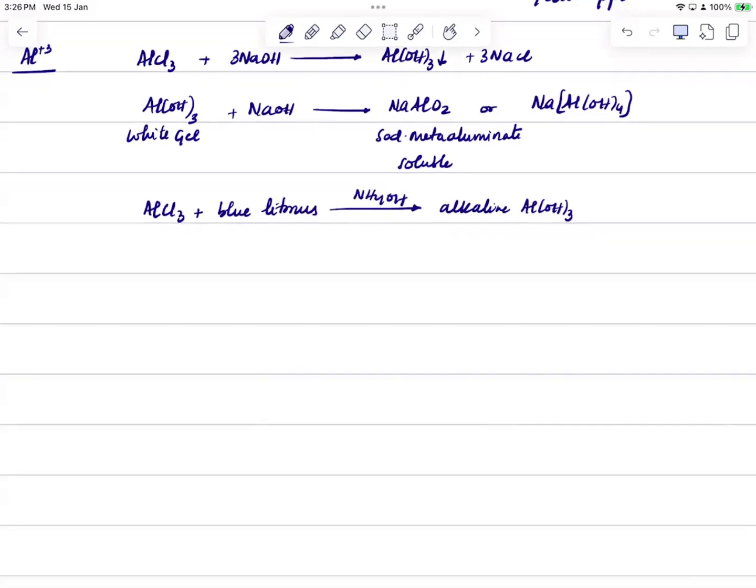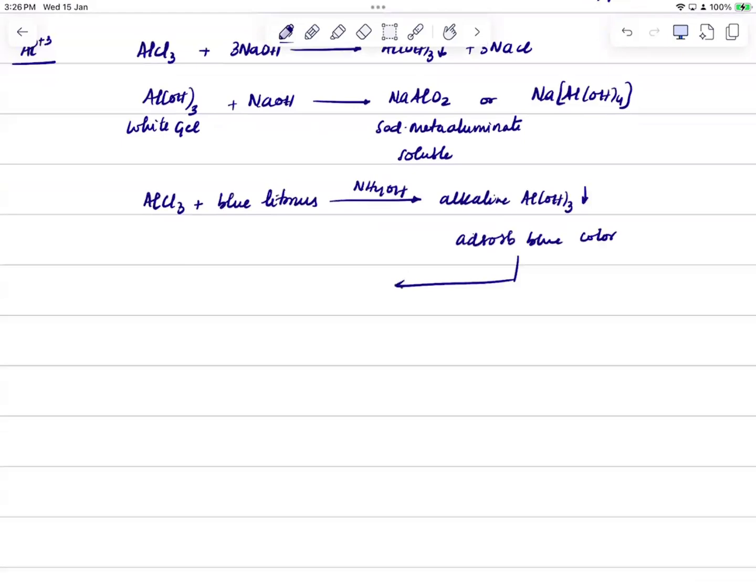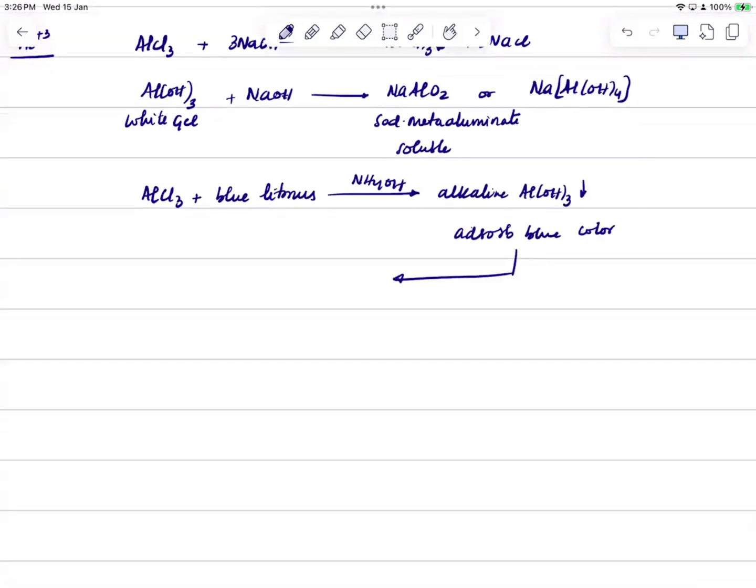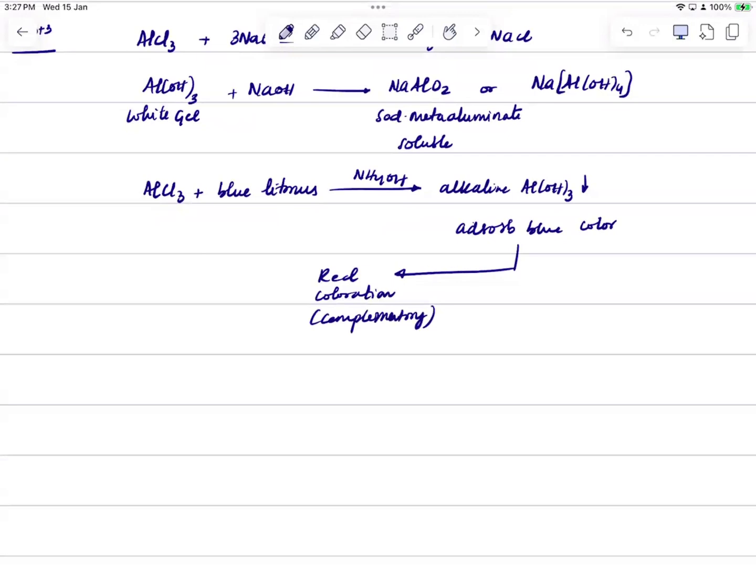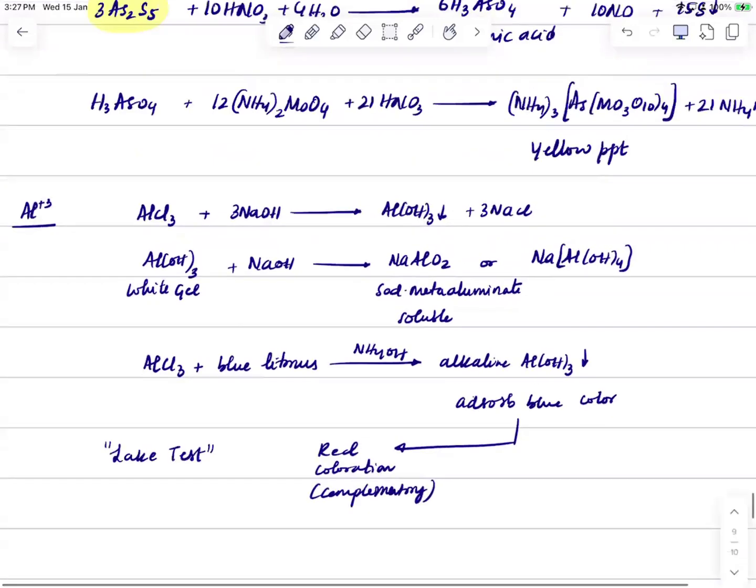And while this is getting precipitated here, it will adsorb the blue color and give a complementary color. And that complementary color will be red coloration. This is the complementary color. Okay. And this test is called the Lake test for aluminium.